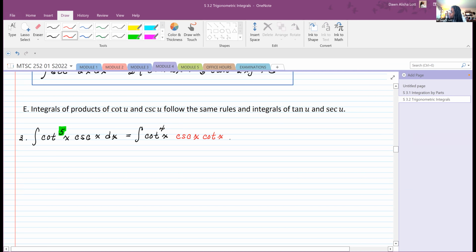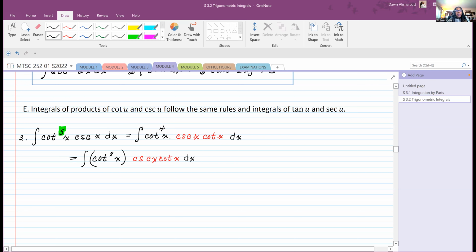As we said, we have to get rid of all of the cotangents. So this becomes the integral of cotangent squared of x, and it is actually squared, times the cosecant of x, cotangent of x, dx.